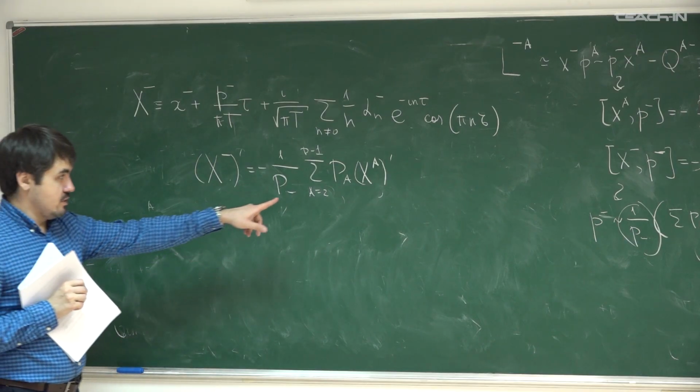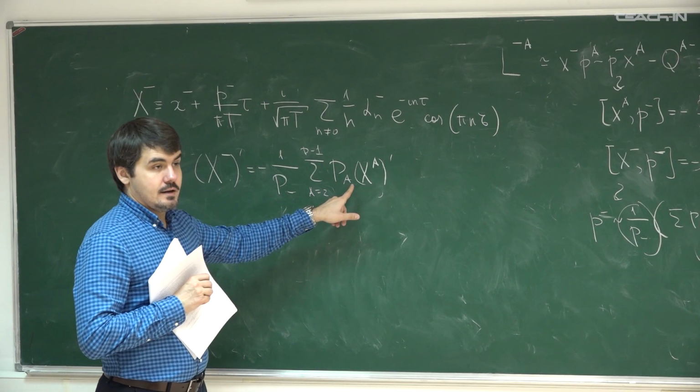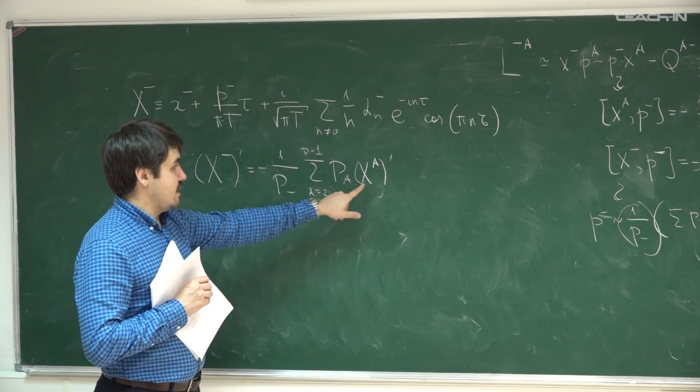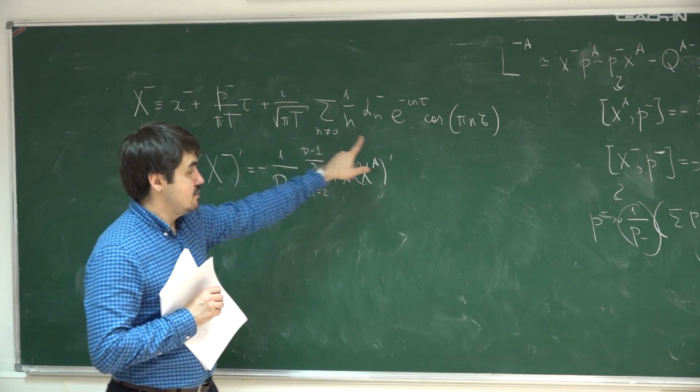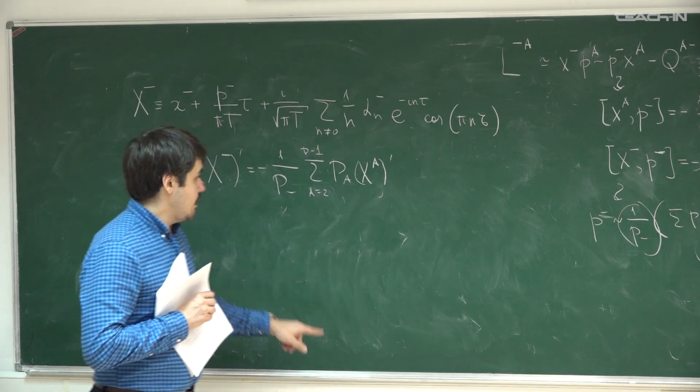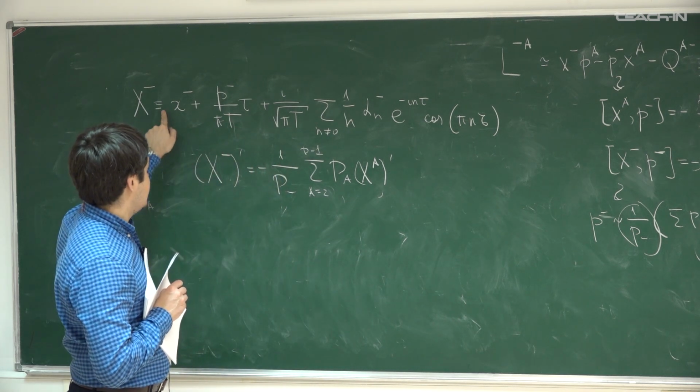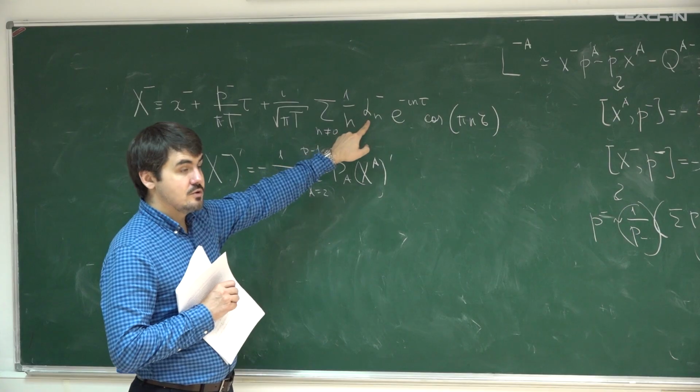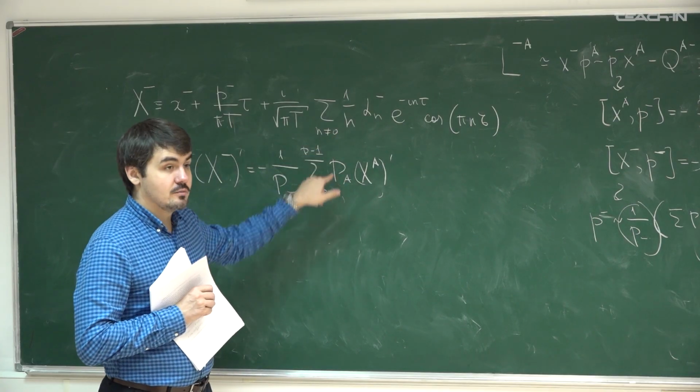So you can substitute here the expansions of x and p's in the Fourier series and read off the relation between all these variables and the variables on the right-hand side.